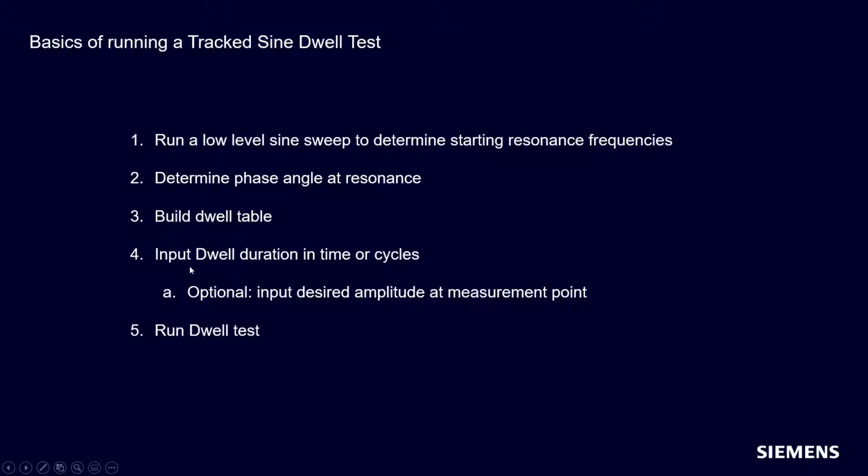Then we decide how long we're going to dwell at each resonance. And as an option, we might decide to control the amplitude of our dwell from our measurement point as opposed to our base excitation point. We'll explain more about that later. And then we run a dwell test.